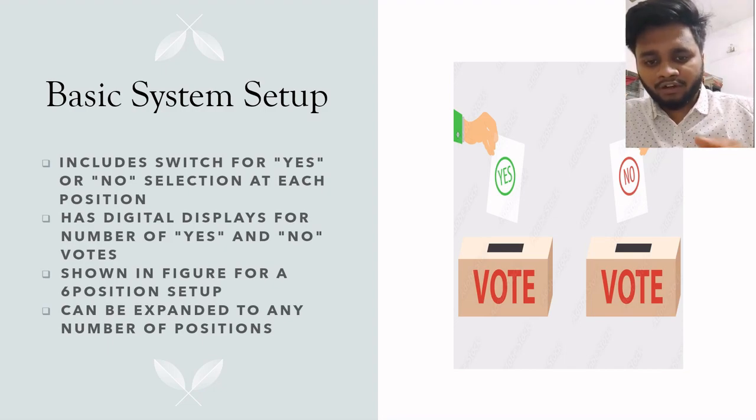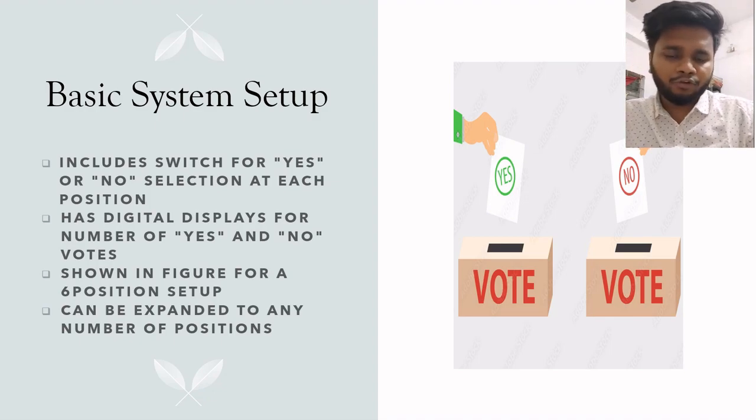The output of the adder represents the total count of yes/no votes in binary form. Then the binary output from the adder is decoded and converted into signals for the 7-segment display using IC 7447. The display shows the total count in decimal format.